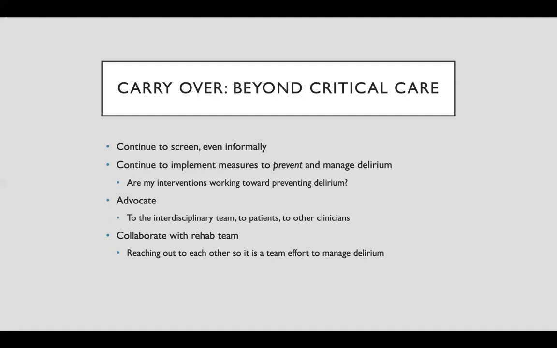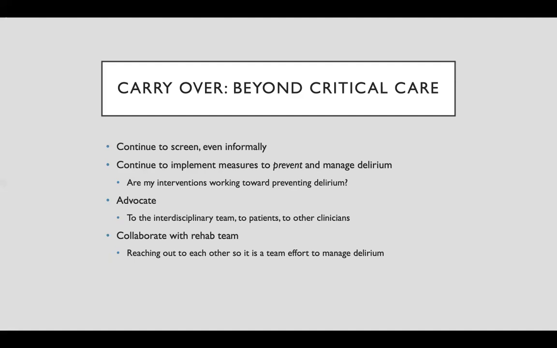Okay, and how can we carry over these interventions and this information about delirium beyond critical care? So I think it's important to understand how our patients are being affected by delirium, being overlooked and not considered outside of critical care. Informal or formal screens.